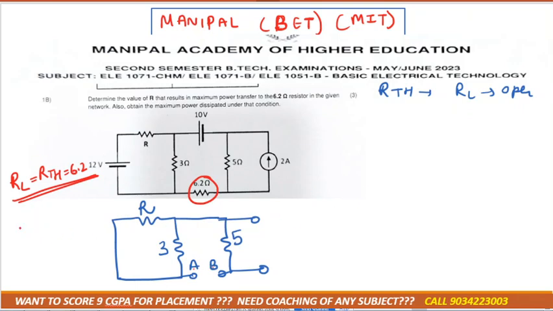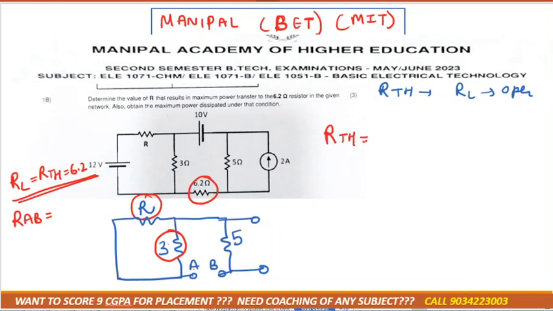Now we need to calculate RAB. RAB is how much? As you can see, R and 3 ohm are connected in series or in parallel? Tell me. They are connected in parallel, right?